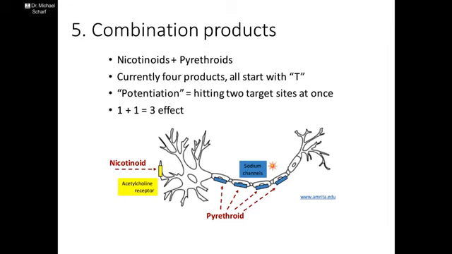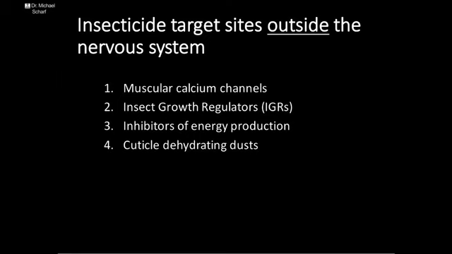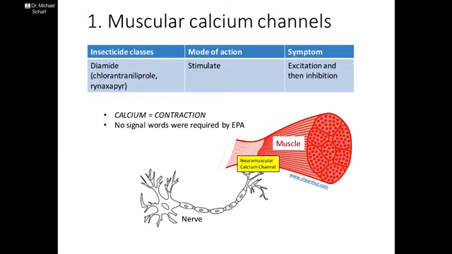So that's all I'm going to say about the neurotoxic insecticides, and then I want to come to these insecticide targets outside of the nervous system. These are our muscular calcium channels, insect growth regulators, inhibitors of energy production, and then finally our cuticle dehydrating dusts. So I'll try to hammer through these here.